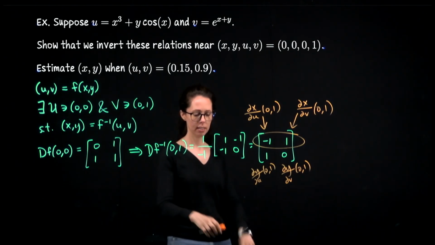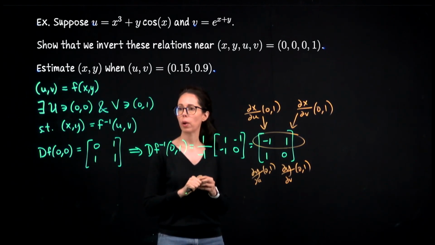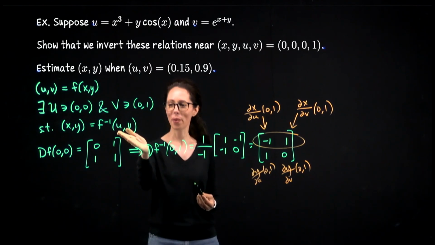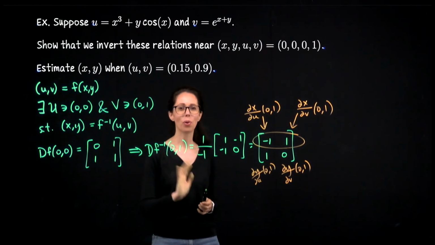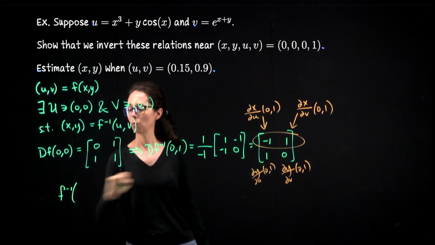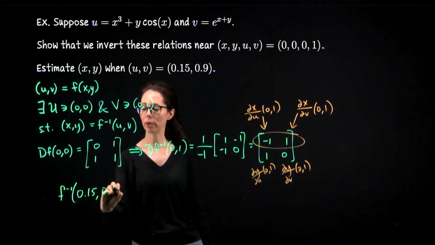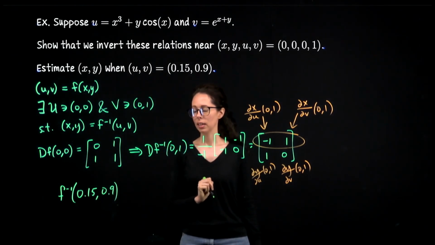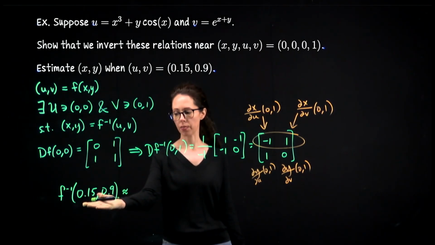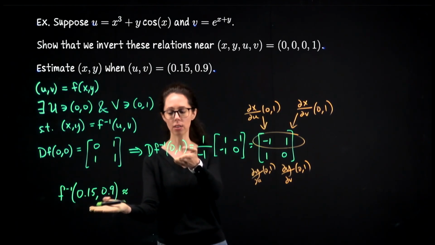And now let's use this matrix to approximate what x and y are when u and v are 0.15 and 0.9. Just 4 coordinates here. I'm trying to keep them straight. That's like saying what is f inverse of 0.15, 0.9? It's approximately the linearized version of this function centered at the point we understand, which is 0, 1, where we plug this into the linearization.